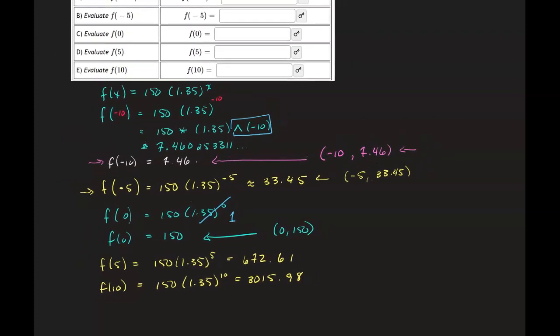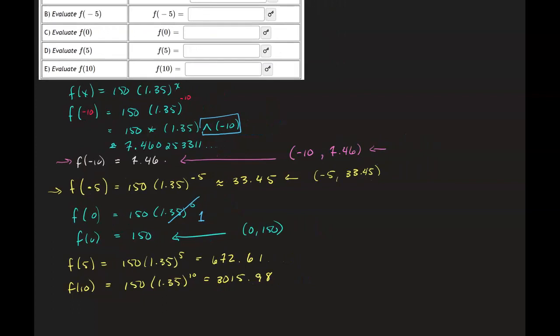So let's take a look at what this graph is doing. We have an initial value here at f of 0. So we see that this function, when x is 0, is crossing the y-axis at 150. And we see that over here at negative 10, we're at approximately 7. At negative 5, we're at approximately 33.